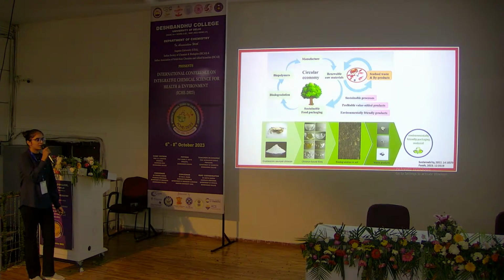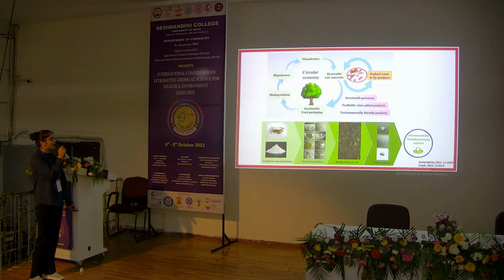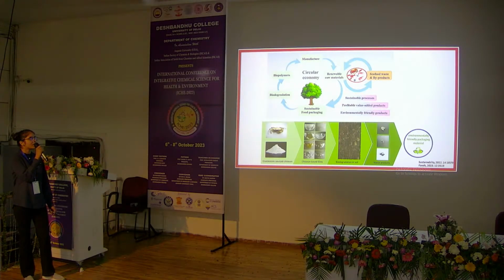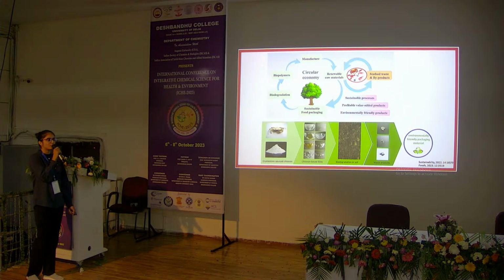For this problem, many scientists have worked on biopolymer based food packaging material, because it is easily biodegradable, low cost, and abundant in nature, and it is an easily sustainable process to prepare these compounds.